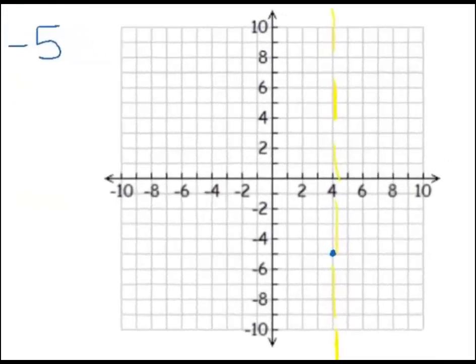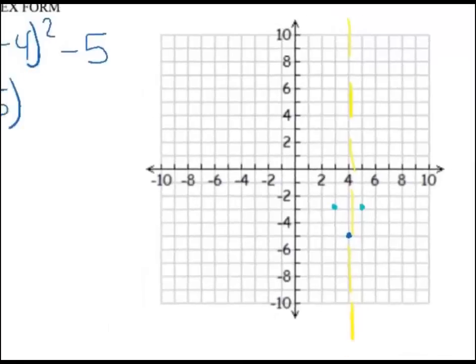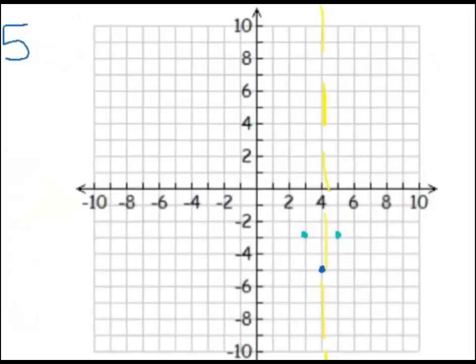So now I have the point 3, negative 3, and 5, negative 3. Okay. If I substitute in 2, I get 2 minus 4 is negative 2, squared is 4, times 2 is 8, minus 5 is positive 3. Okay, so my next point is 2, 3, and 6, 3.